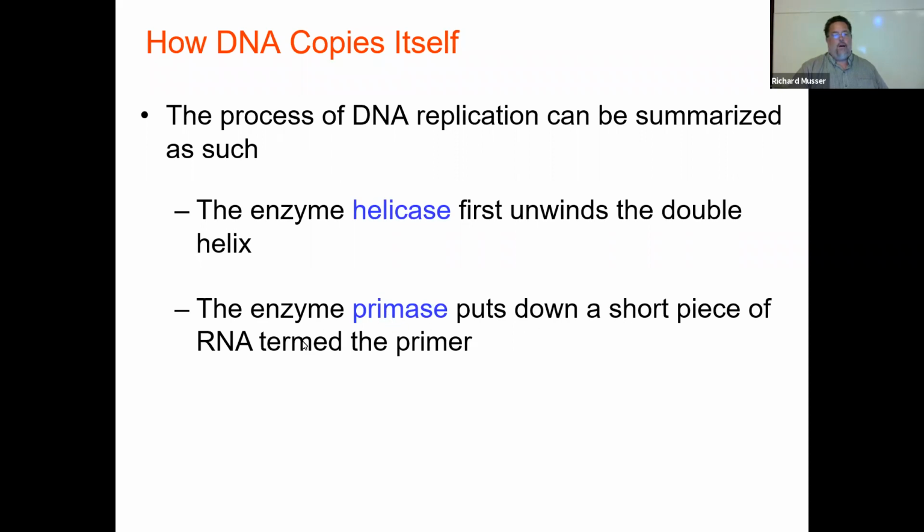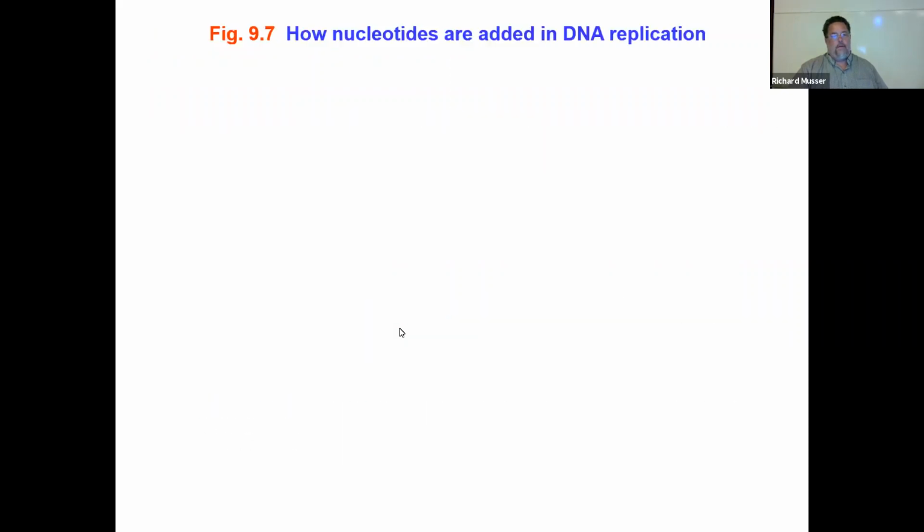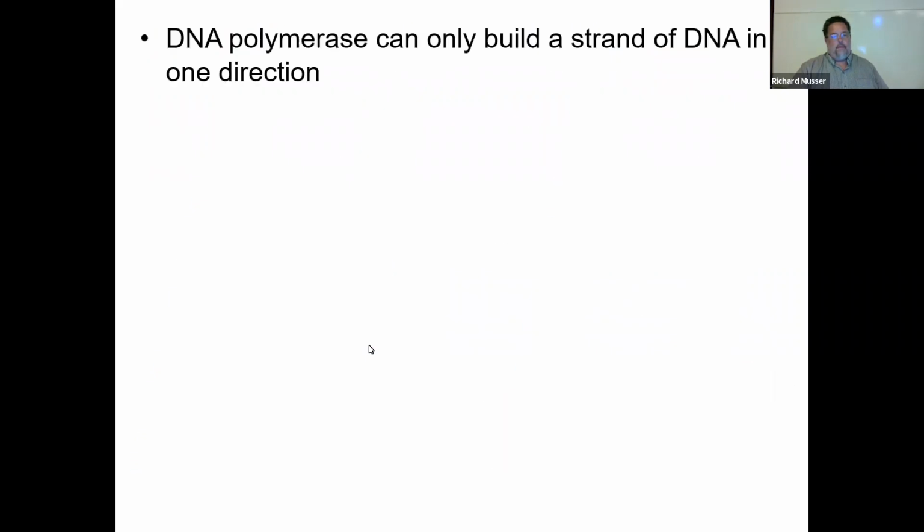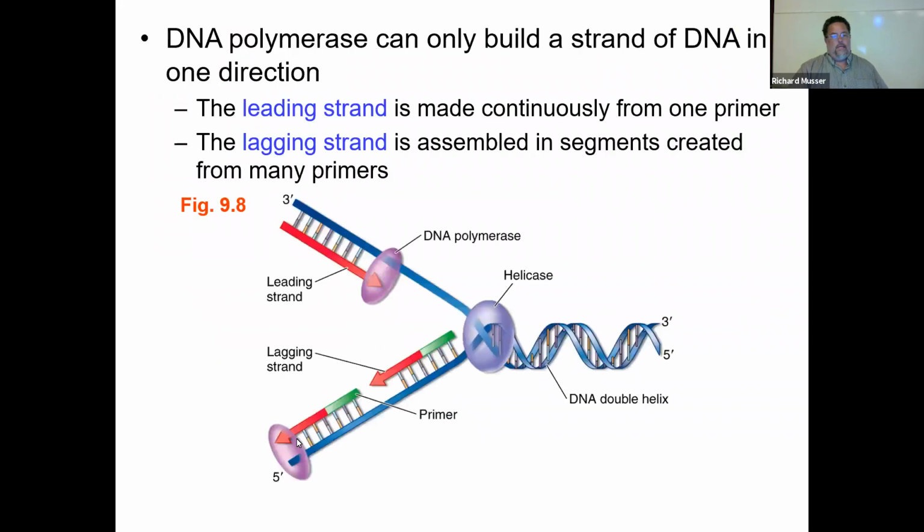So a short piece of RNA is termed the primer, then the primase is this purple thing here. By the way, if you're just looking at circles, realize that helicase, again, is an enzyme. It's a huge protein. This is a huge protein, primase. And then these are little segments of primer.